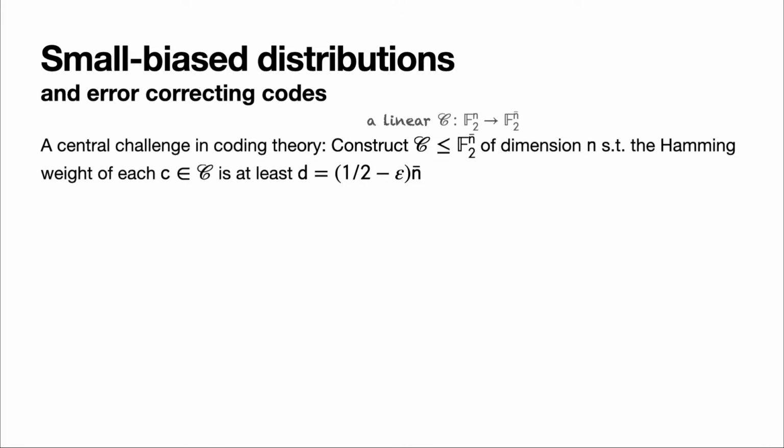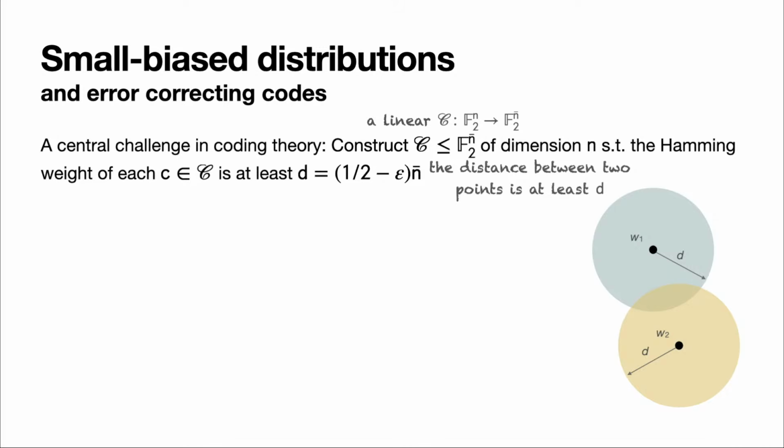I want a linear subspace, and I'm explicitly writing it as an encoding function. So it has 2 to the n elements. It has dimension n, and the ambient space is F2 to the n bar. And I want the Hamming weight of each code word, of each element in the vector space, to be at least almost half, so half minus epsilon times n bar.